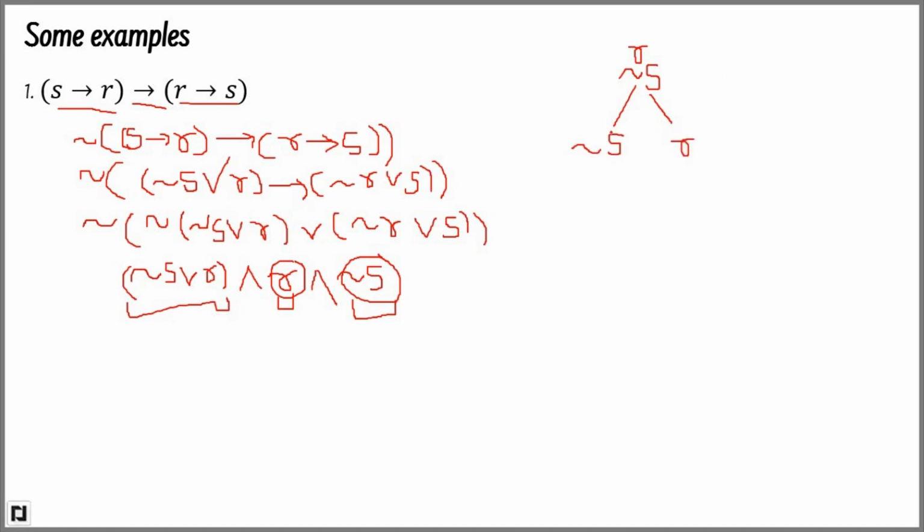Here we can see that our tree is not closed. A tree is closed if we have R and negation R on one of its branches. So here it is not closed, and here it is also not closed. So the given proposition is not a tautology.